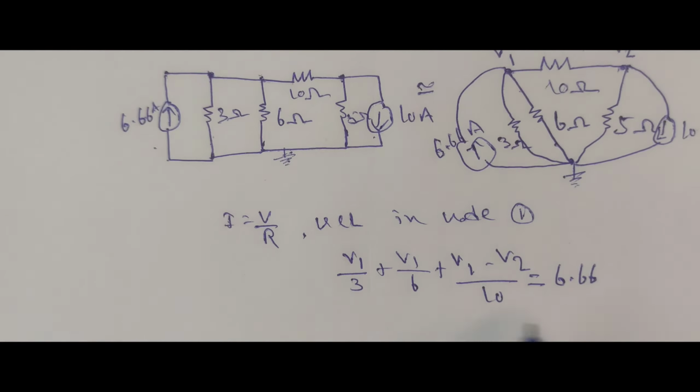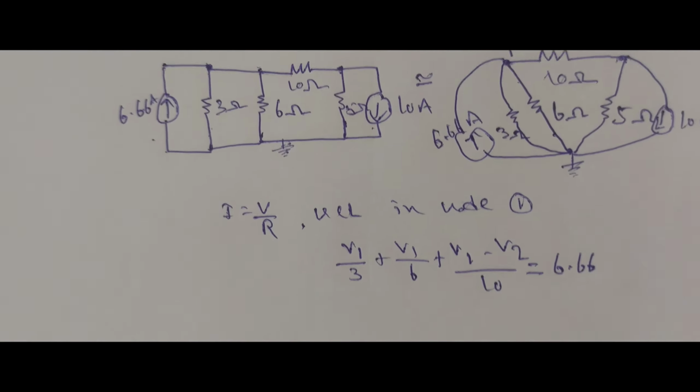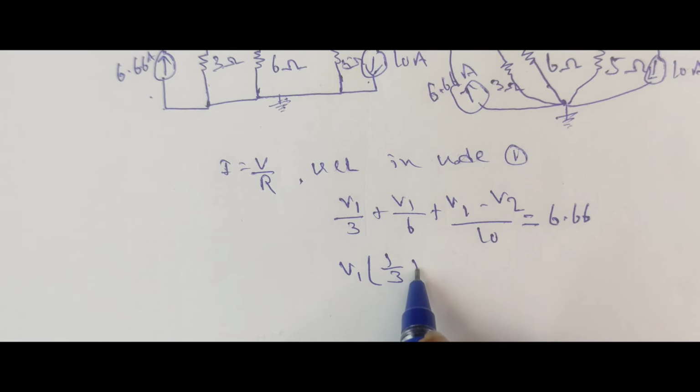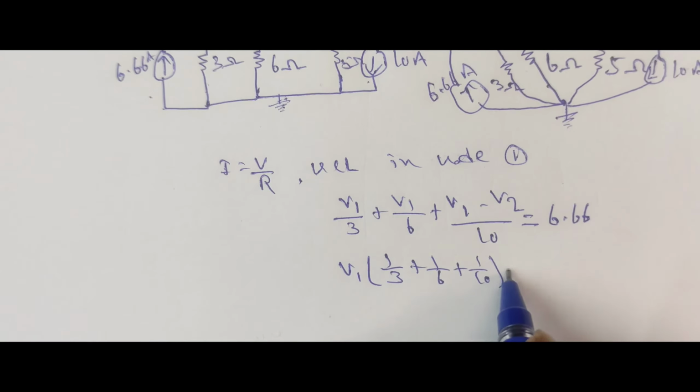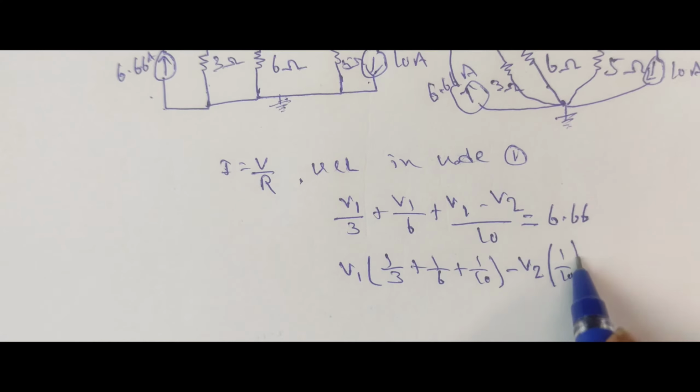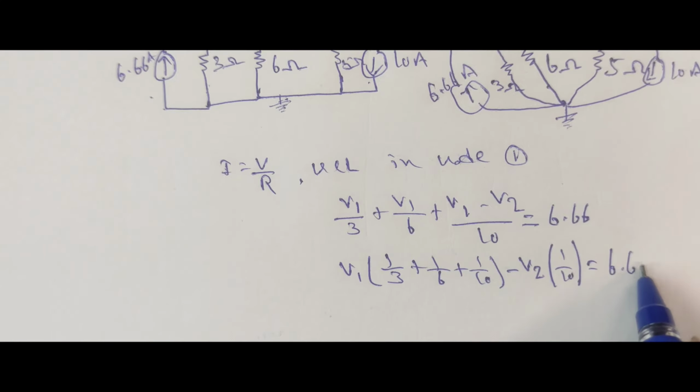This is equation number 1. Again we need to simplify it. After simplification I take V1 commonly outside, and minus V2 commonly outside, 1 by 10, which is equal to 6.66.